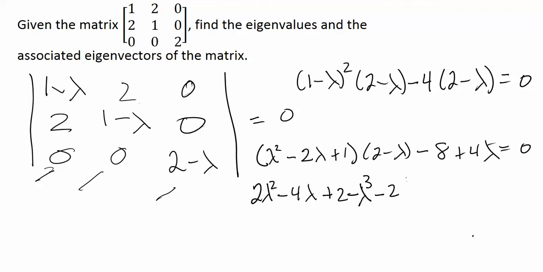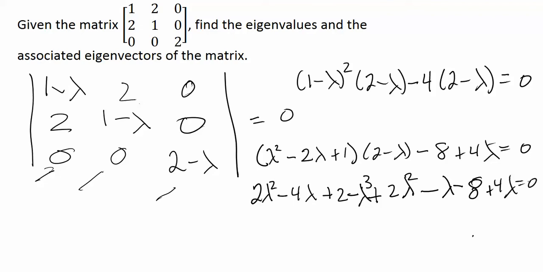Sorry, that's plus 2 lambda squared, plus 2 lambda squared minus lambda minus 8 plus 4 lambda equals 0.